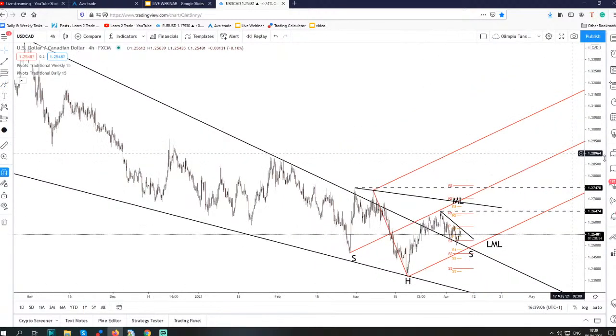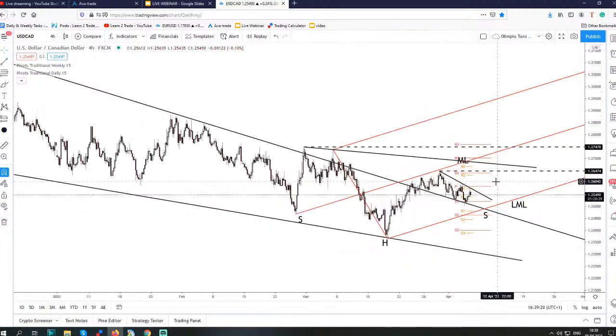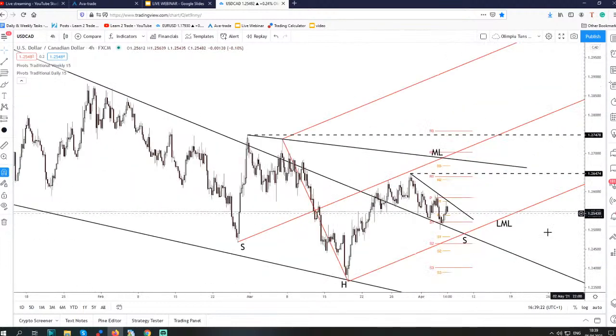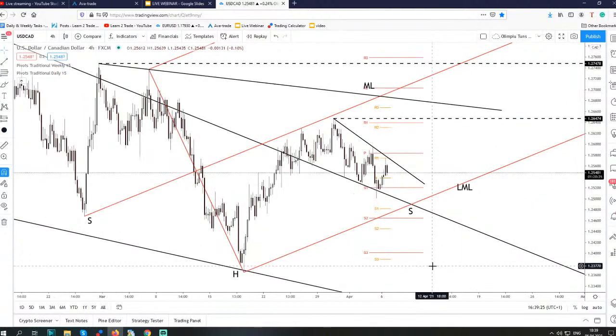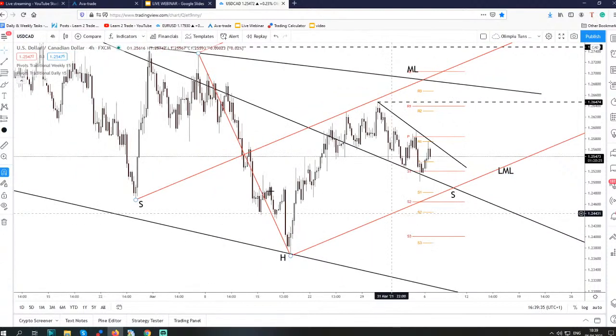So the upside reversal will be confirmed if the price will increase and if it will jump and stabilize above this higher high, above 1.2747, guys. And if the dollar index will continue to drop in the short term, then the price could fall below this lower medium line, which could bring us new selling opportunities.